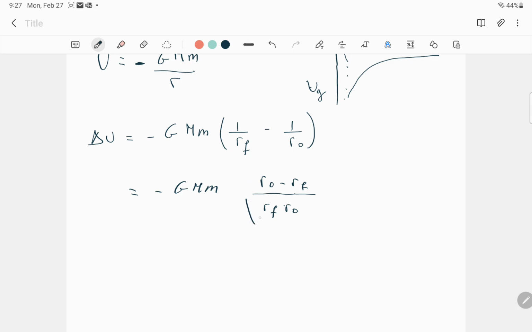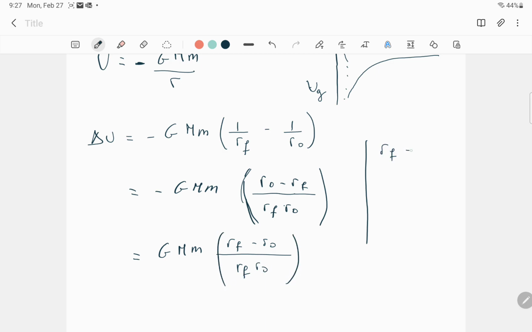I can multiply everything by minus 1 so that you see every step. So GMm, and then this becomes R final minus R initial over R final R initial.